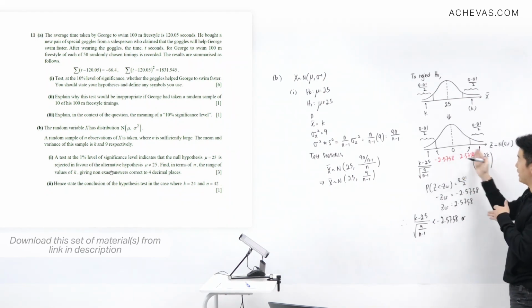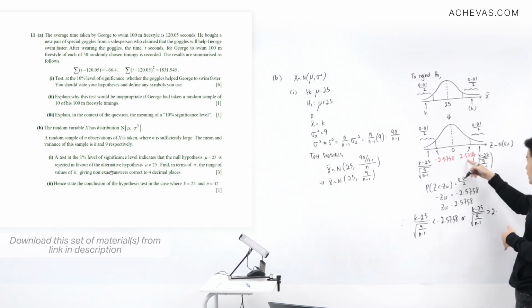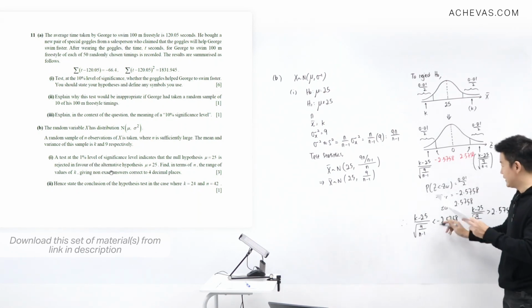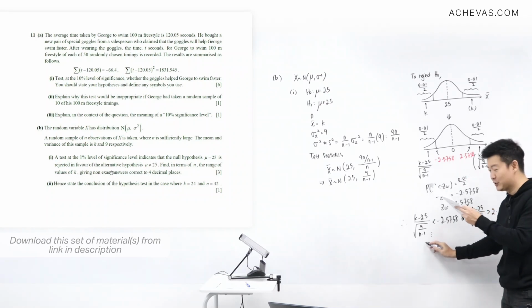Or, because we cannot have K at both sides at the same time, so it is not an 'and', K minus 25 over square root of 9 over n minus 1 must be bigger than positive 2.5758. And if I were to work out this value of K, I'm going to leave it to you guys to do the details here, okay?